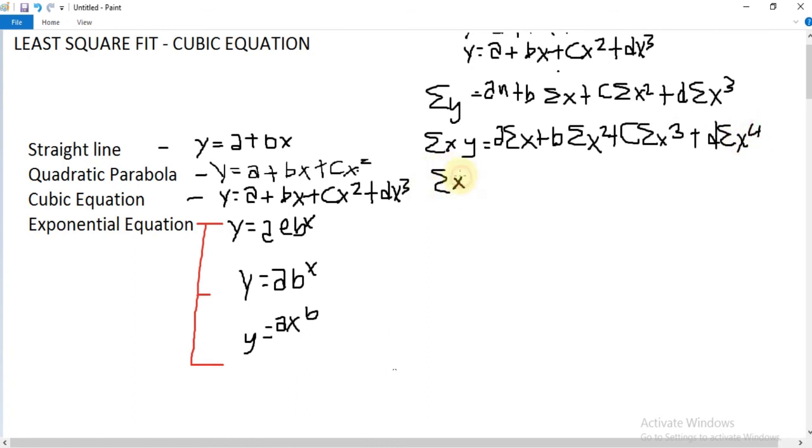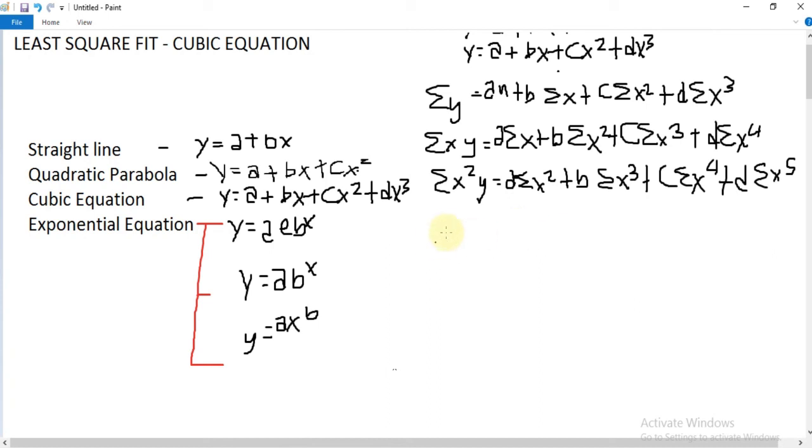Next, summation of x squared y equals a summation of x squared plus b summation of x cubed plus c summation of x to the fourth plus d summation of x to the power 5.